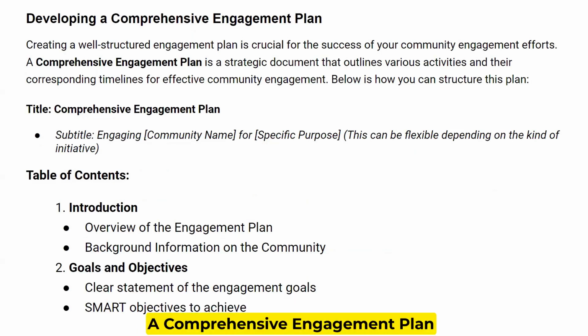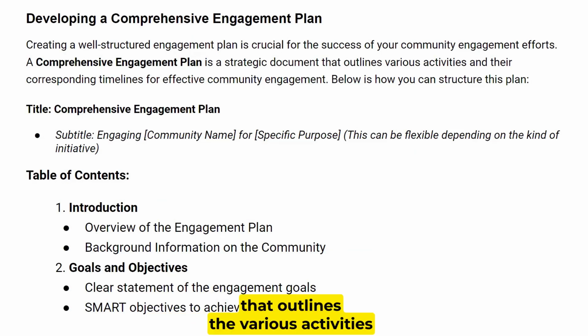A comprehensive engagement plan is a strategic document that outlines the various activities and their corresponding timelines for effective community engagement.